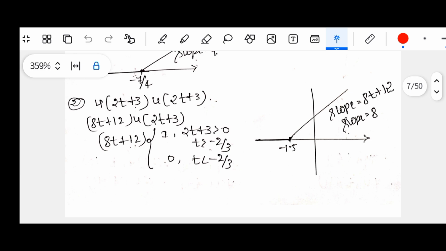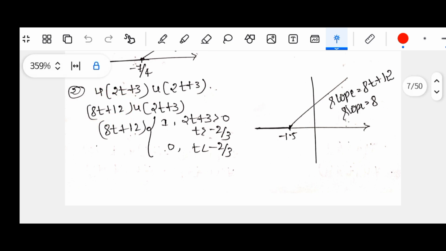Next problem. 4 into r of 2t plus 3, u of 2t plus 3. Multiply this 4 with 2, 8t plus 12, u of 2t plus 3. Here we will take 8t plus 12 outside.